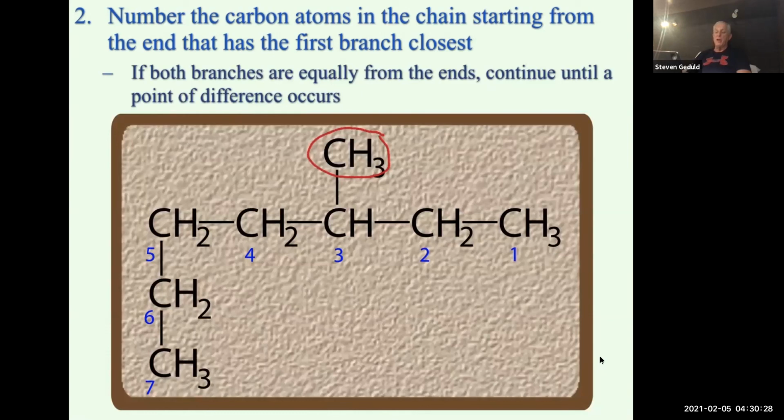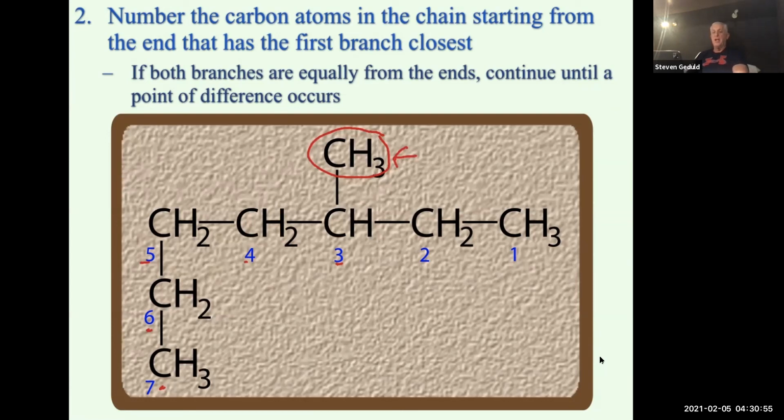If we did it the other way, this would be 1, 2, 3, 4, and that substituent would be 5. So there's our numbering system. What's the name of the substituent? What is this thing called? It's 1 carbon.